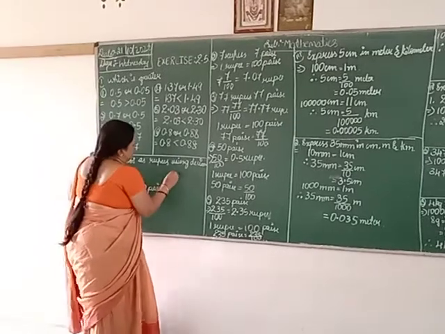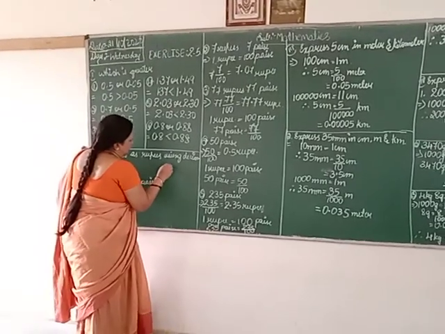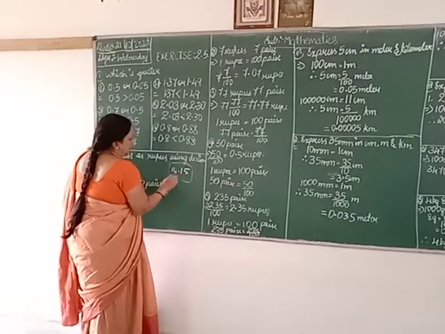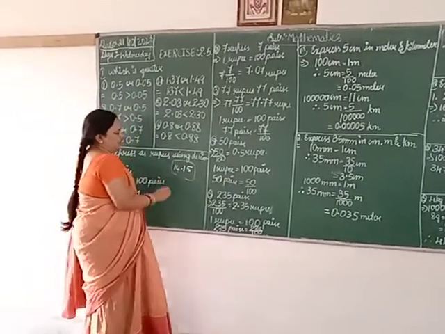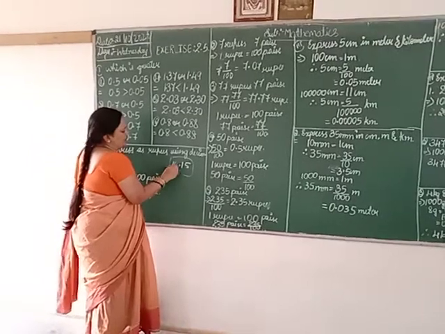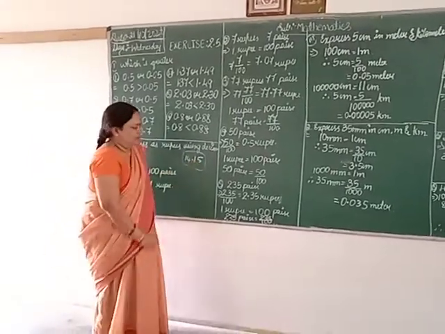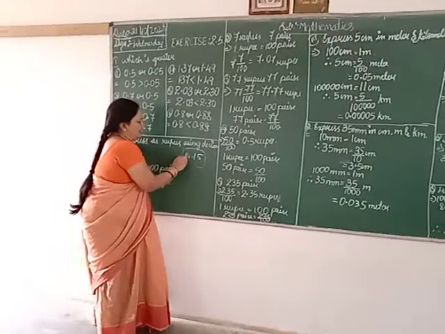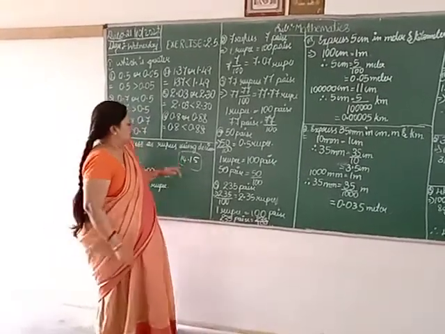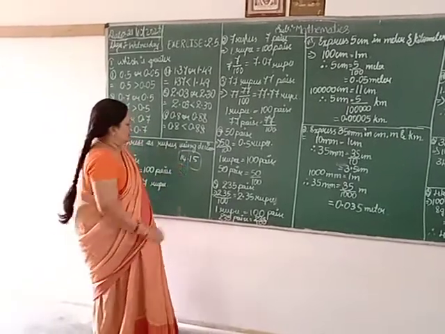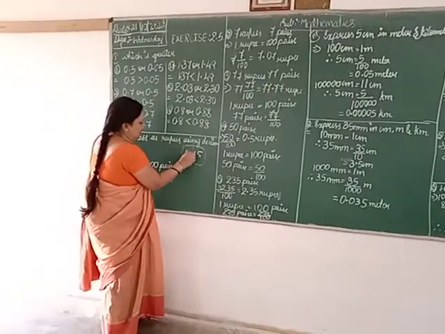See, if I write like this, I cannot read this one as fourteen point fifteen. I have to read it as 14.15. And you know very well how to write it. This is the whole number 14. This decimal point is there.